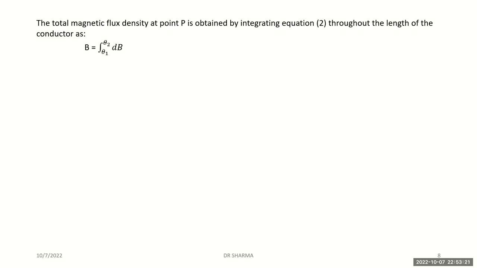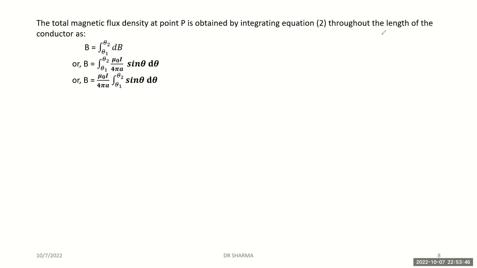Total magnetic field B is equal to the integral from theta 1 to theta 2 of dB. Put the value of dB from equation 2 and integrate. The constants can be taken out of the integration sign. So mu naught I by 4 pi a, all are constants, so they are taken out of the integration sign and integrate with respect to theta.